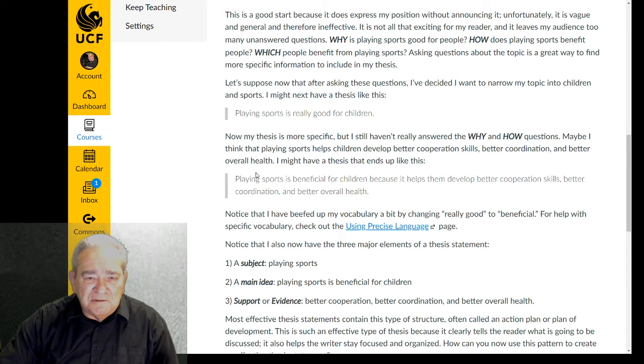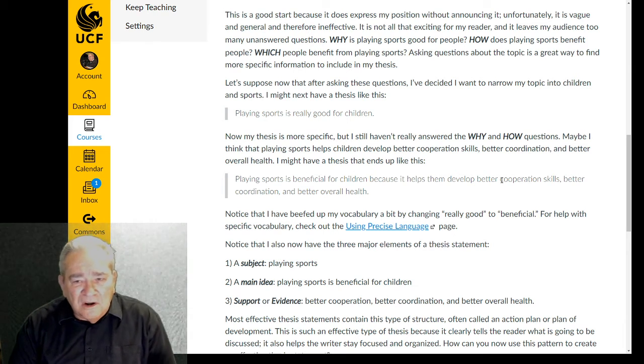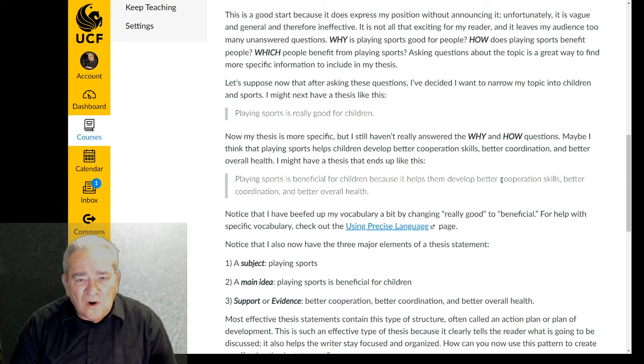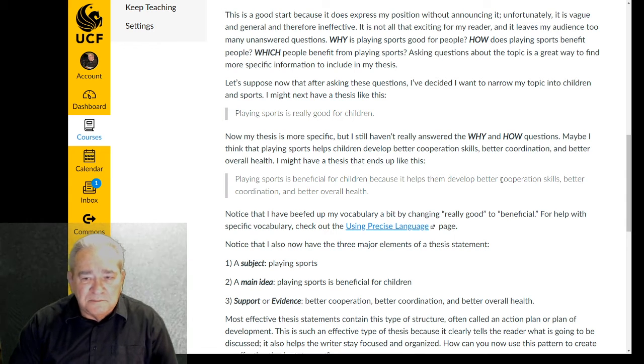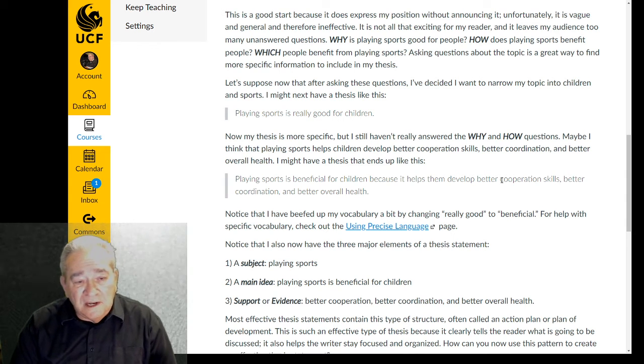You notice this. Maybe I think that playing sports helps children develop better cooperation skills, better coordination, better overall health. And those are reasons that you're going to argue. But if you just say playing sports is really good for children and you don't include any of this particular information, your thesis is not going to be clear.